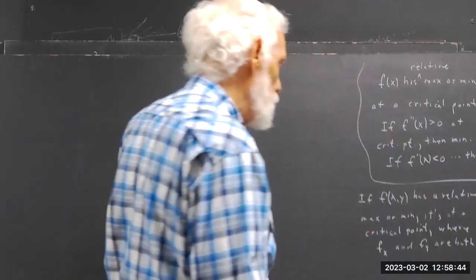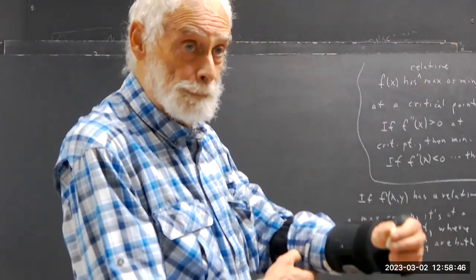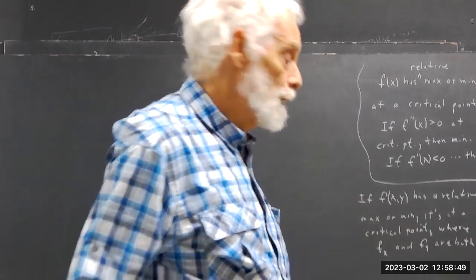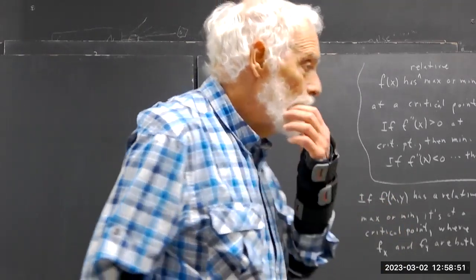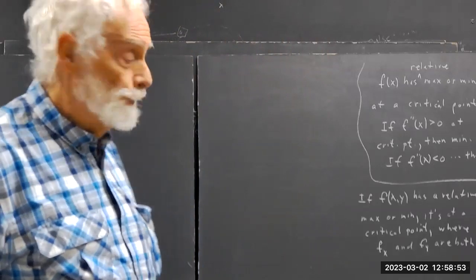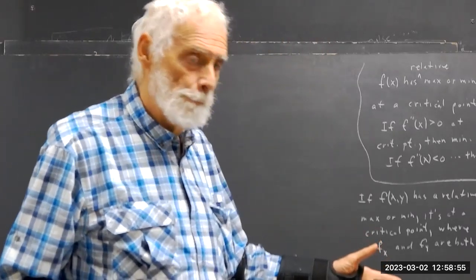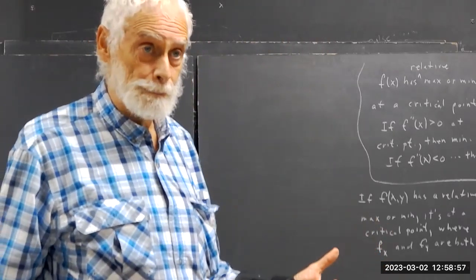That's where fx and fy are both 0. Now, fx and fy can both be 0, but you don't have a maximum.